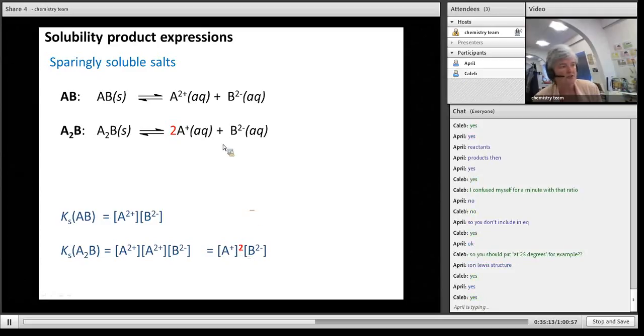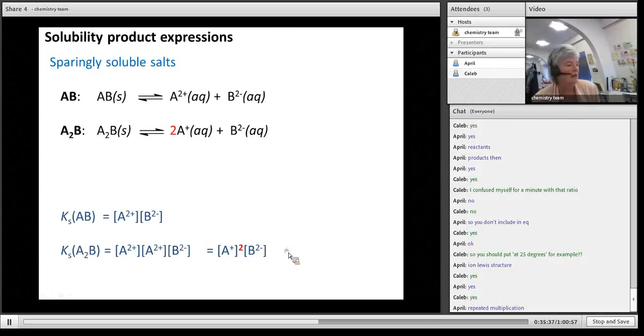So if you had a 3 in front of the B2 minus, you'd raise the B2 minus to the power of 3. If you had a 2, you'd raise it to the power of 2. Yep. So just because you have to multiply all the products together. So it really is A plus A, so it's A times B, so it's A squared B.